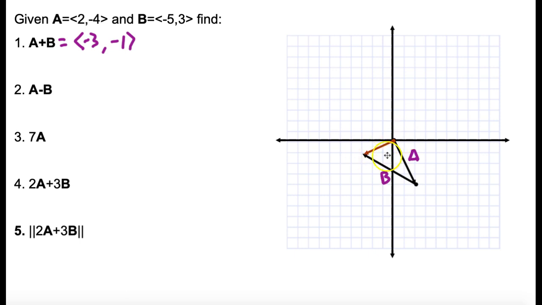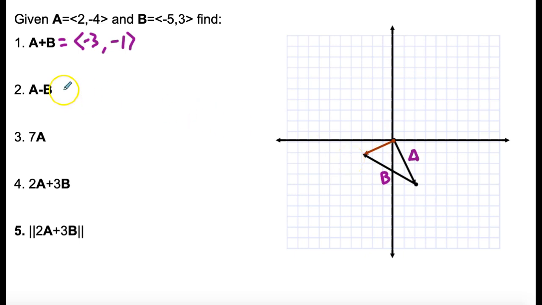So the resultant vector is just adding these two vectors together. Right, so we're algebraically just adding the x components, adding the y components. Graphically, what we're doing is taking one of the vectors and then putting the other one's initial point at the first one's terminal point. Okay, then connecting that initial to that terminal. That gets me my final vector.